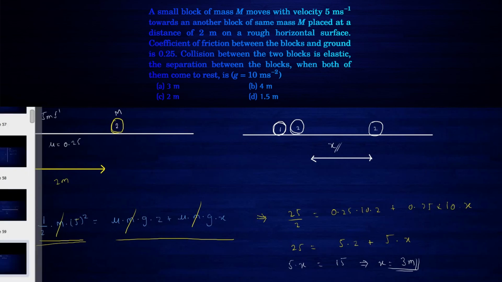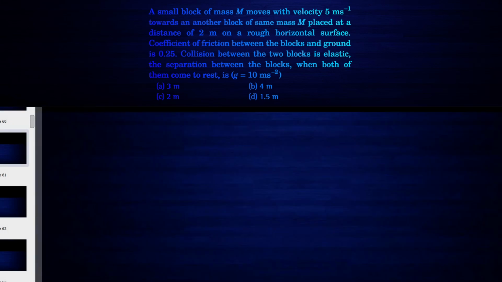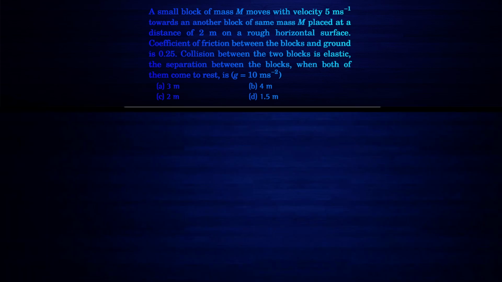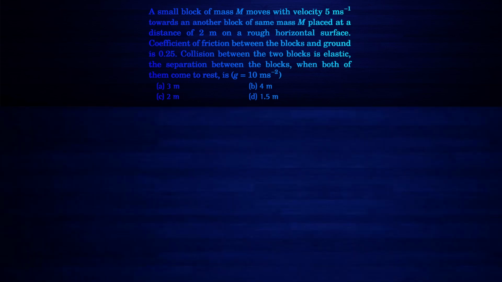We can alternatively do this in another way. So let's see that solution. Let this be our mass m1, and I am drawing the scenario during the collision.